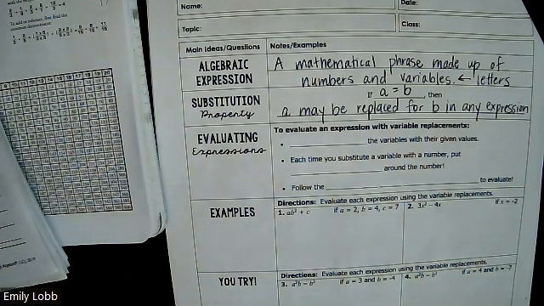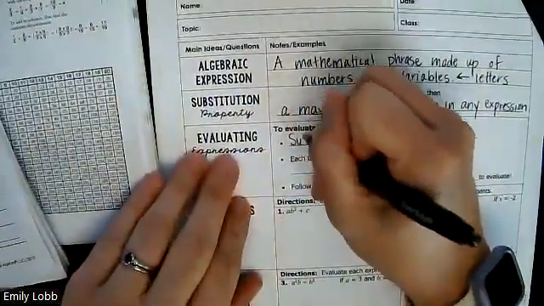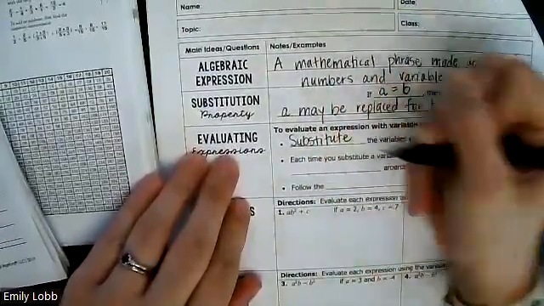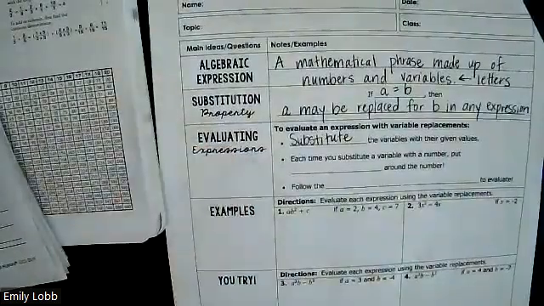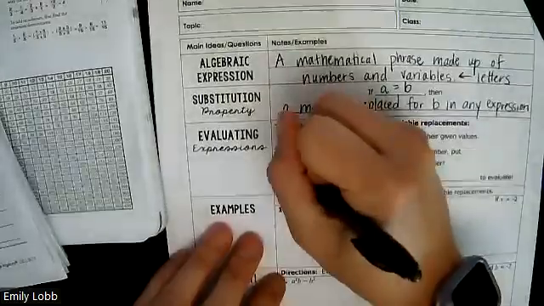All right, so to evaluate an expression with variable replacements, are you ready? We have to substitute the variables with their given values. Here's the most important thing to remember.